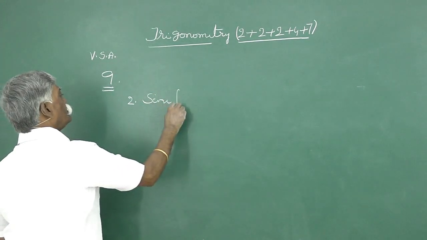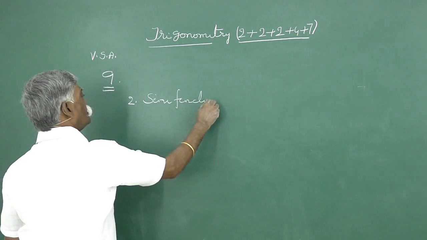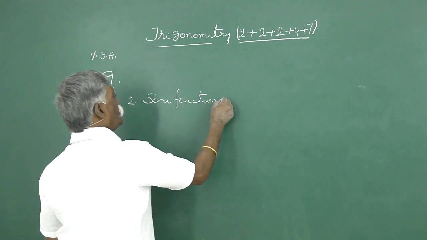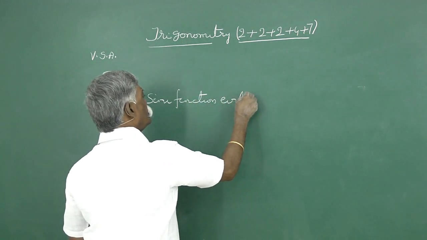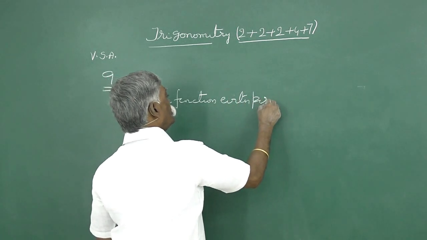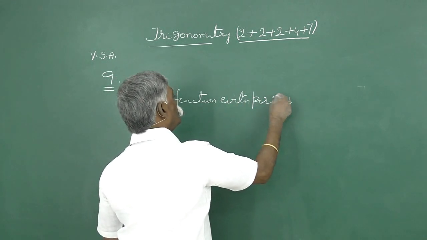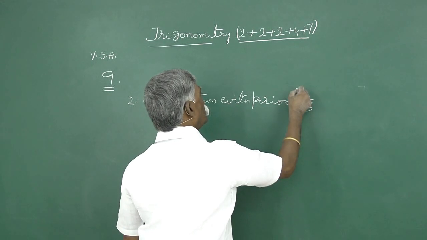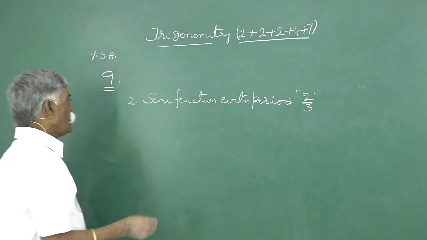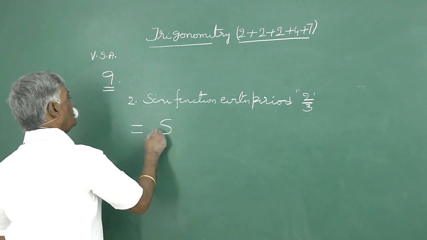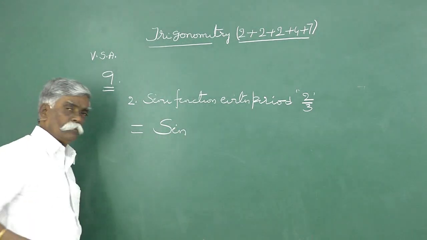Function with the period 2 by 3 is equal to sine.